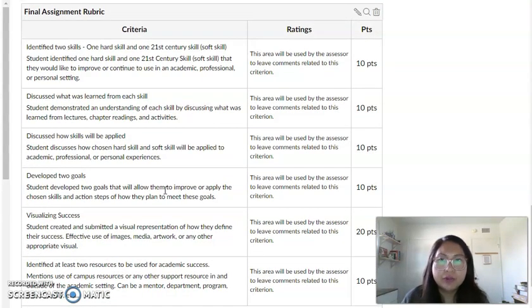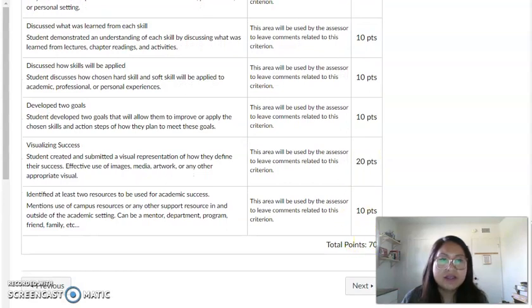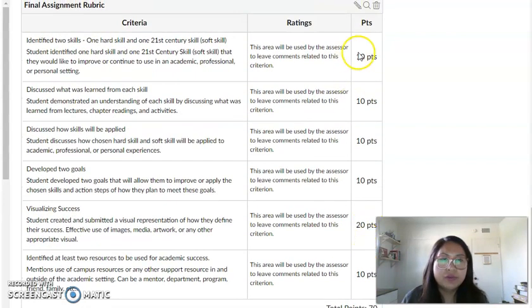And this is very important because it lays out the criteria we just covered. It gives more details about it, and then how many points you'll be assigned if you meet each criteria. Again, the final is worth 70 points. So if you get full points for each of the sections here on the rubric, you're good. If anything's missing, you'll probably get half points. So make sure you read through the criteria and address everything that is required.